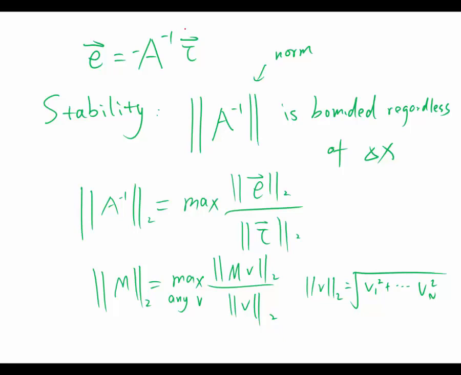Okay, any questions on this? The definition of stability. It basically means that if you have a small truncation error, you cannot have a big solution error, regardless of grid refinement.